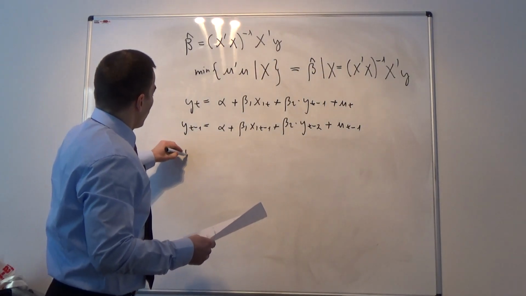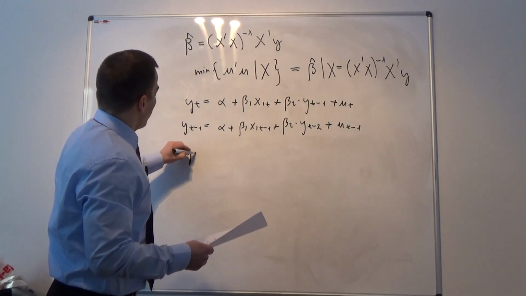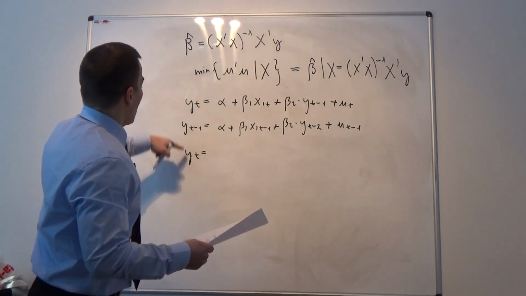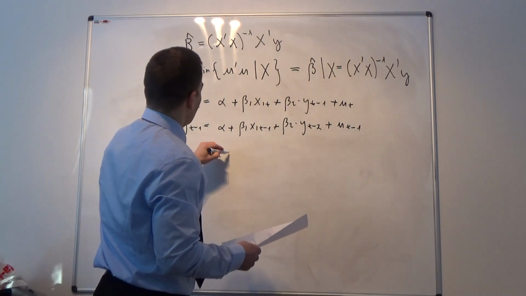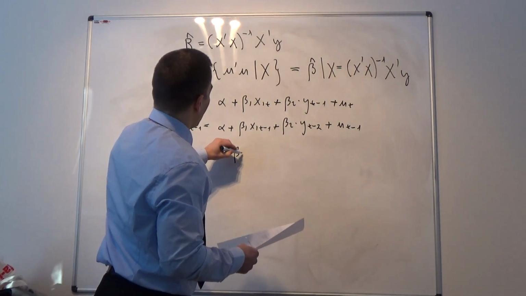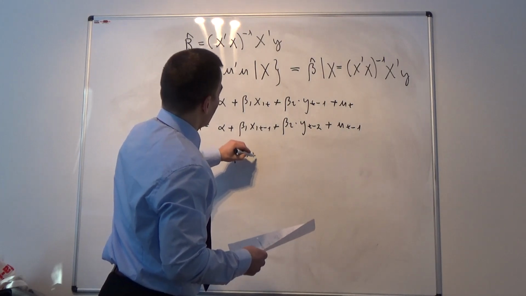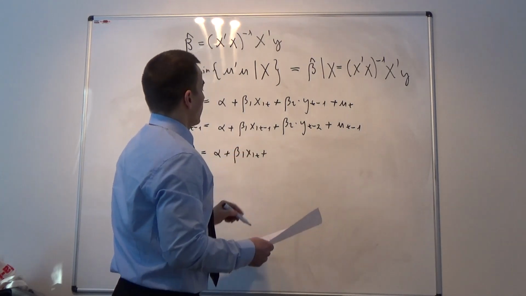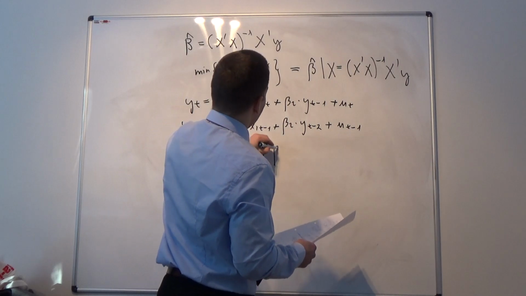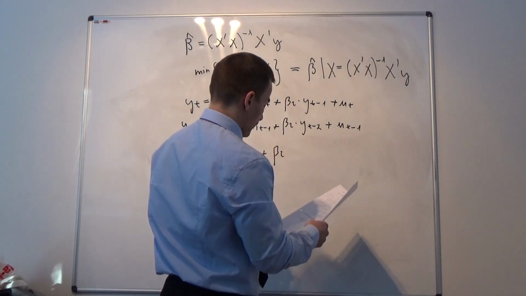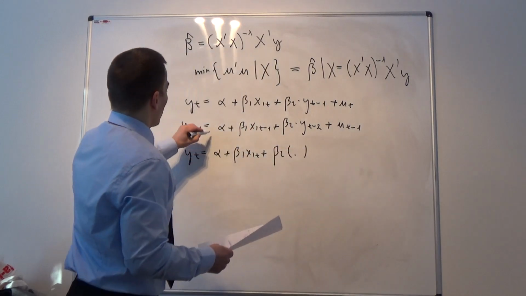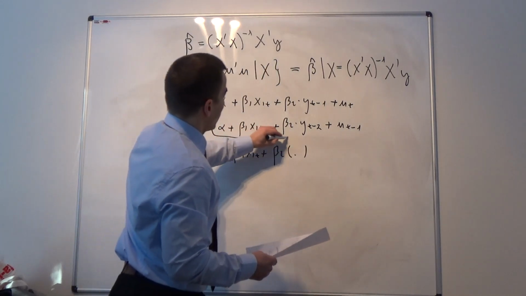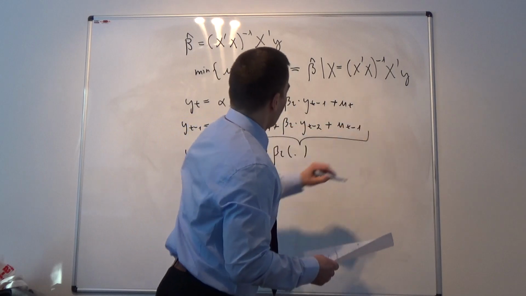Now we can express our initial equation yt as alpha plus beta 1 x1t plus beta 2 times what we have here.